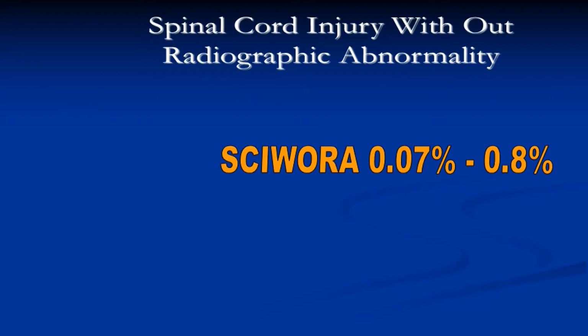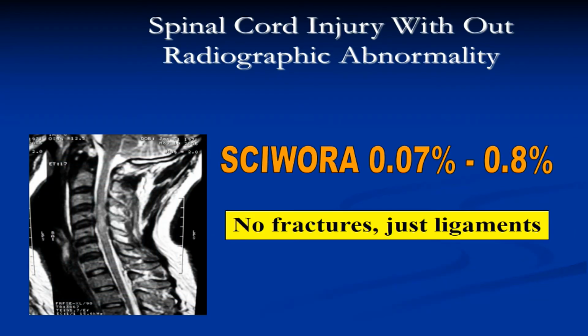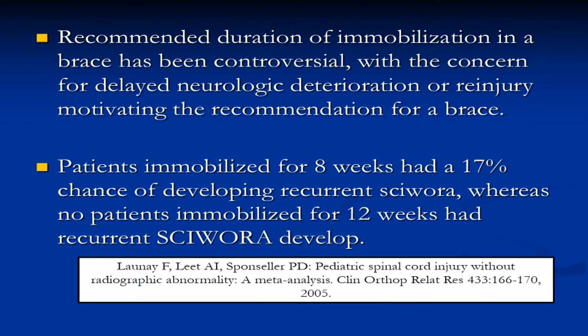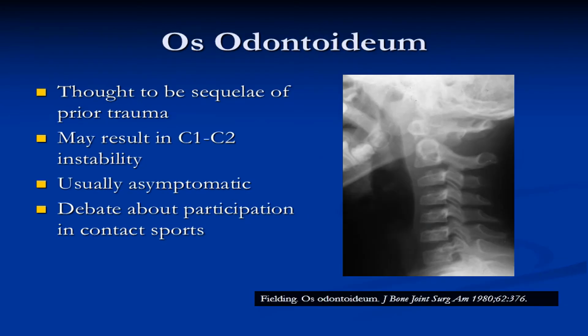Now, SCIWORA again contributes 18 to 38% of pediatric cervical spine injuries, and you can have an injury because the flexibility of the vertebral column in the pediatric cervical spine is more than that of the spinal cord, and thus you can have a cervical spine injury without any injury to the vertebral column.